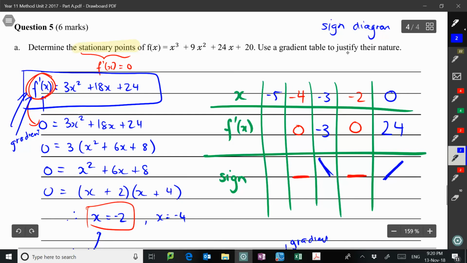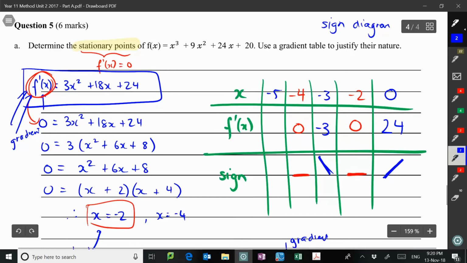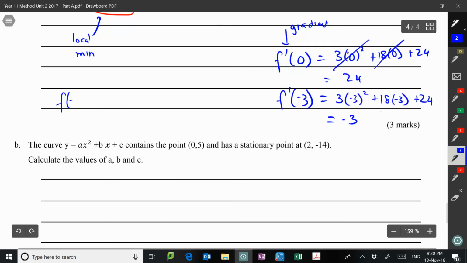Then I've got to test the last one, -5. What does this tell me? I've got to sub in -5 to find out. So f dash of -5, I'm not liking this because the numbers are too large. 3 times -5 squared plus 18 times -5 plus 24.